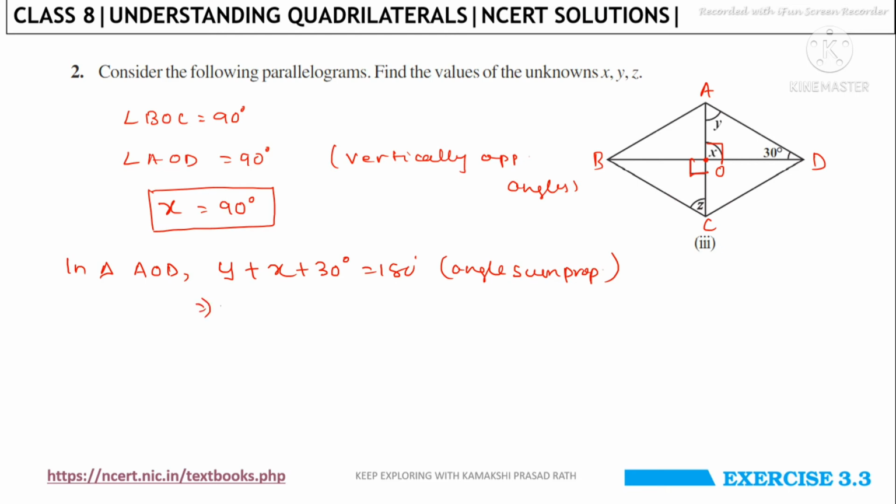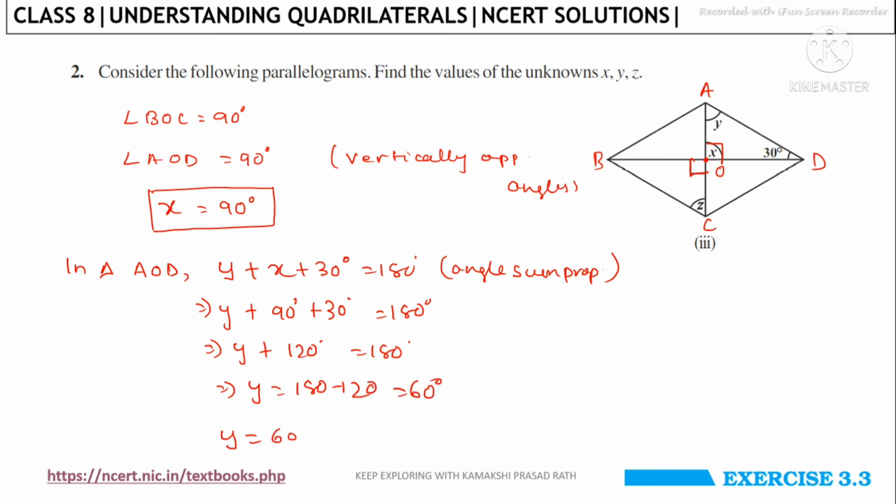So here Y plus X is how much? 90, we have got already. Plus 30 equals 180 degrees. So Y plus 120 degrees equals 180 degrees. So Y equals 180 minus 120, we get 60 degrees. Hence Y is 60 degrees.